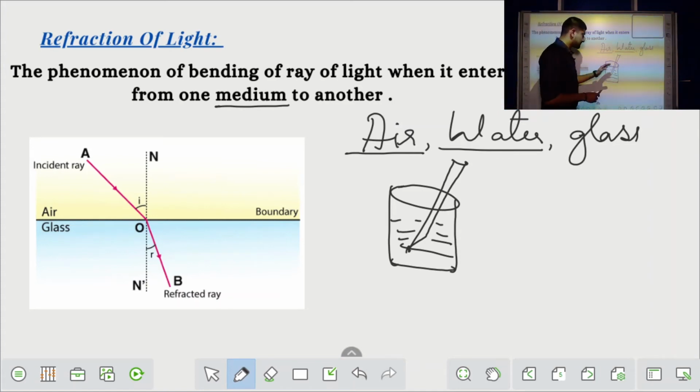I want you to do this and understand. As you observe the glass from outside, you can see there is a small cut, or it feels like a small cut, but it is actually a bend of light. Why? The reason is, let me clear out this part.